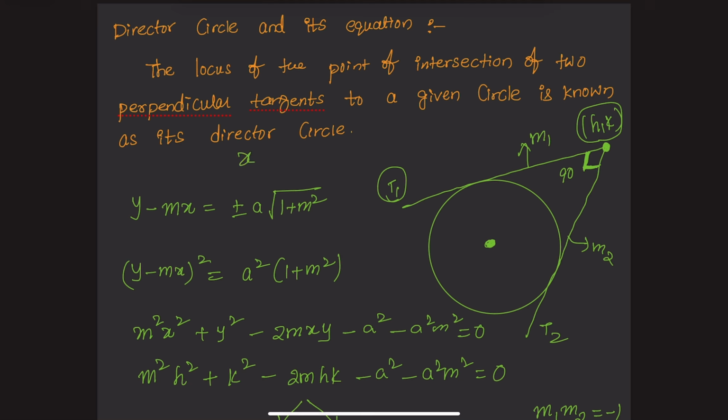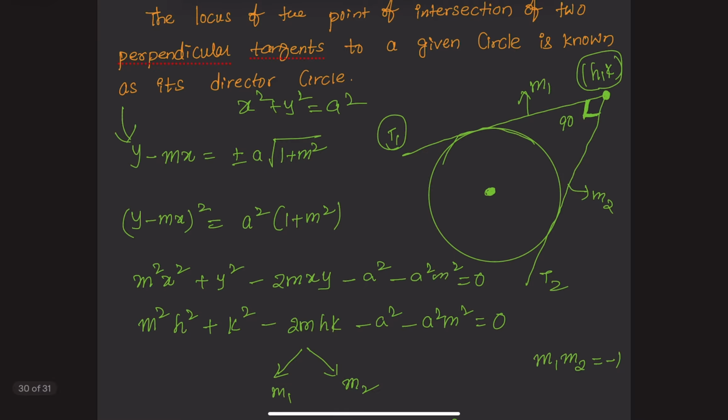We have imagined the equation of the circle is x square plus y square is equal to a square. Only then you will have this particular equation as the equation of your tangent. So the director circle will be a circle with center 0, 0, basically a concentric circle, but the radius of this director circle will be root 2a. Alright, the radius of this director circle is root 2a.